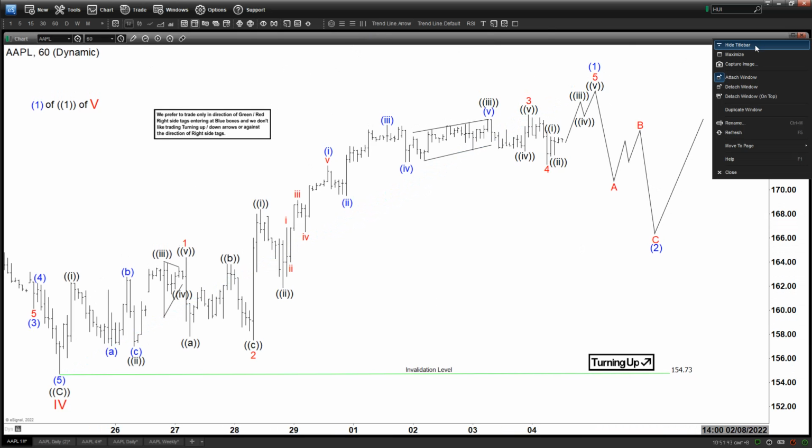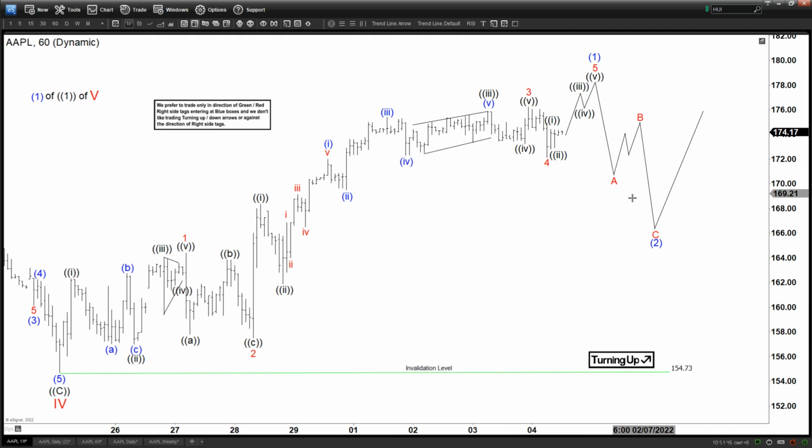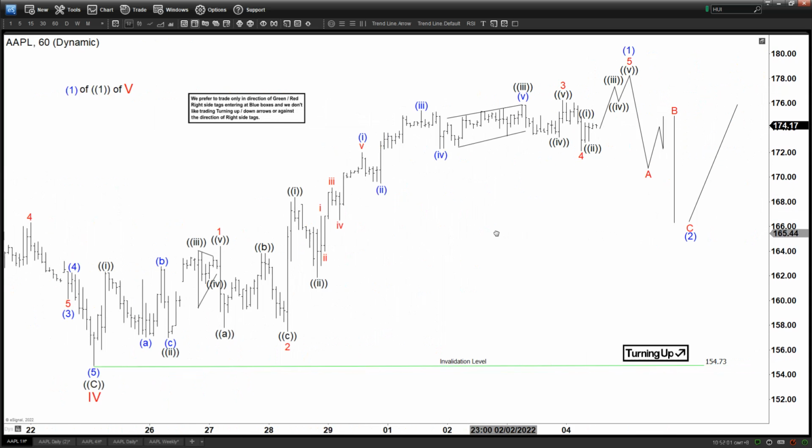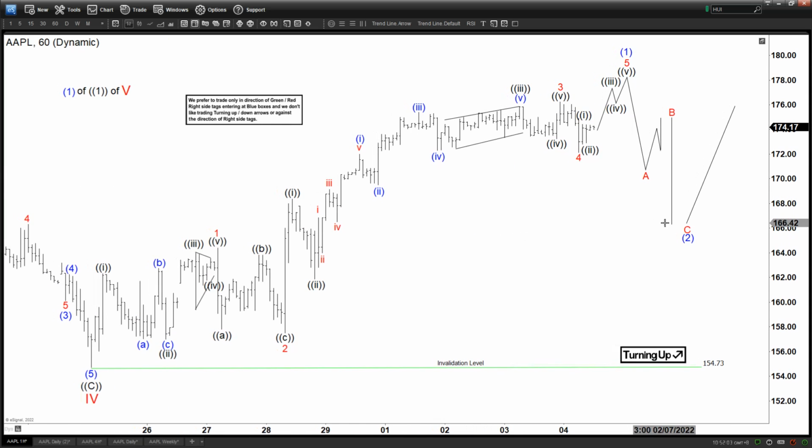Okay, so now let's talk about a couple of things, alternates and all those things, right? So what will be another possible alternate here? Well, there's a couple of alternates here.